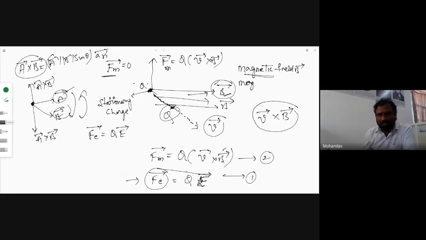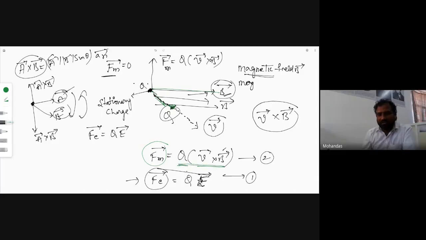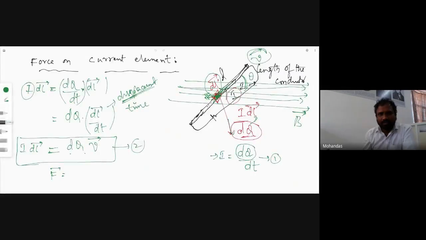The charged particles are moving in the magnetic field. What is that force? Magnetic force. That magnetic force equal to what? Q into V cross B. This basic is very important to find out the force in a particular conductor. From this equation number 2, I am writing here F equal to Q into V cross B.